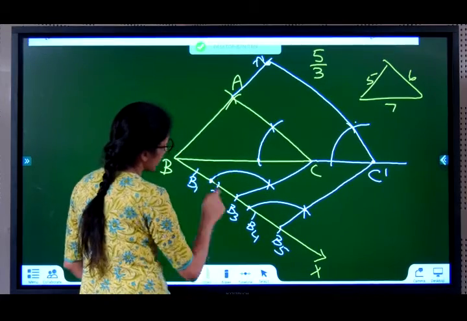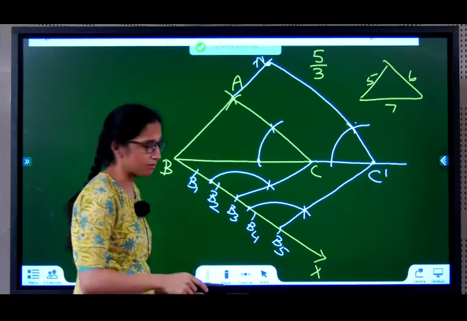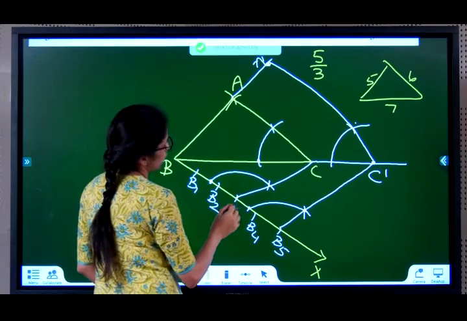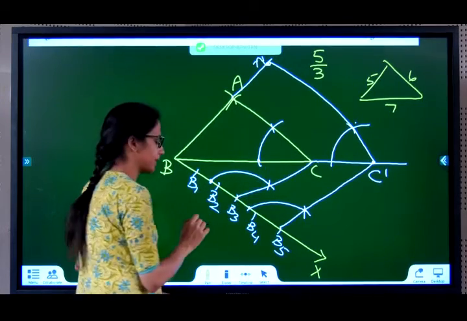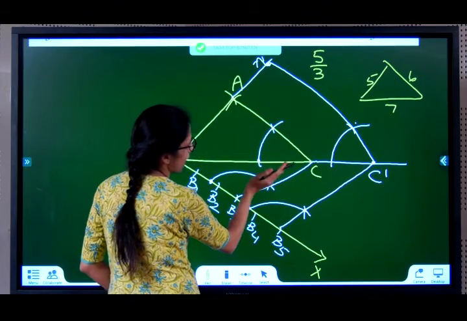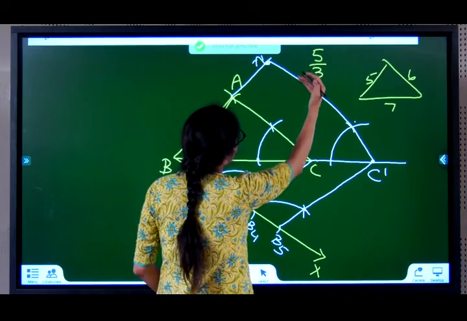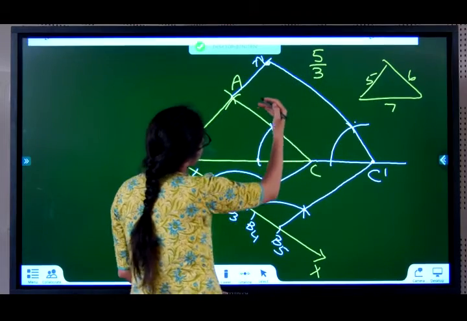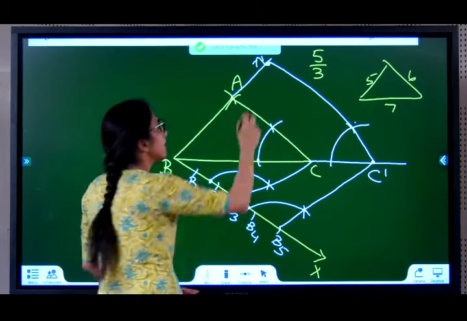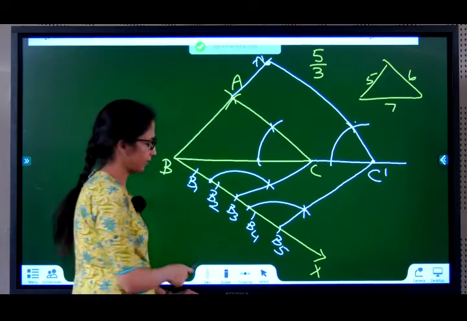On ray BX, cut 5 arcs of equal measurement. Let them be B1, B2, B3, B4, B5. Next, join B3 to C. Next, draw B5C dash parallel to B3C. Draw A dash C dash parallel to AC. A dash B C dash is the required triangle.